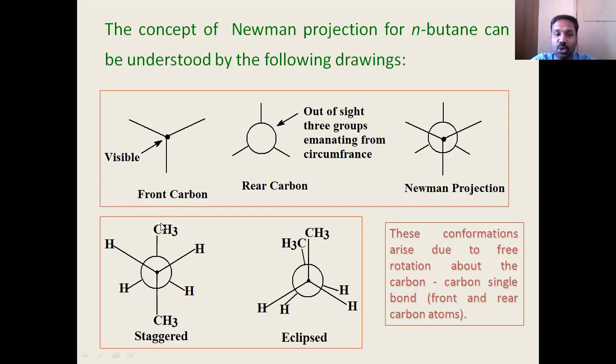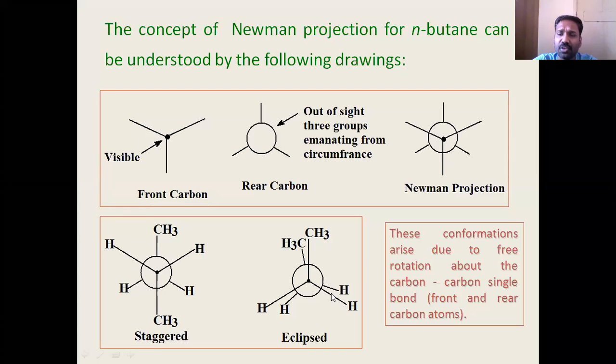So in alkanes particularly, the conformation is written taking into consideration the middle carbons, not the terminal carbon. The terminal carbon is usually shown as a substituent. The middle carbons are made dot and circle. Please remember. So again, this is the staggered conformation of butane, and the eclipsed conformation of butane.